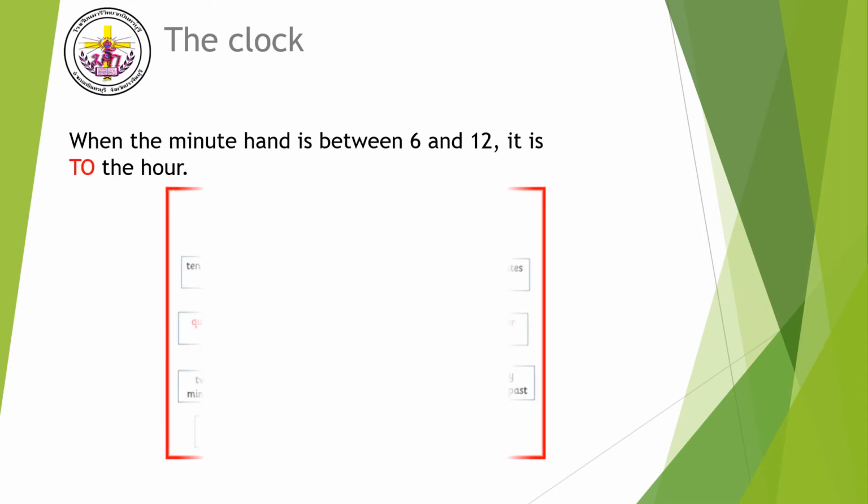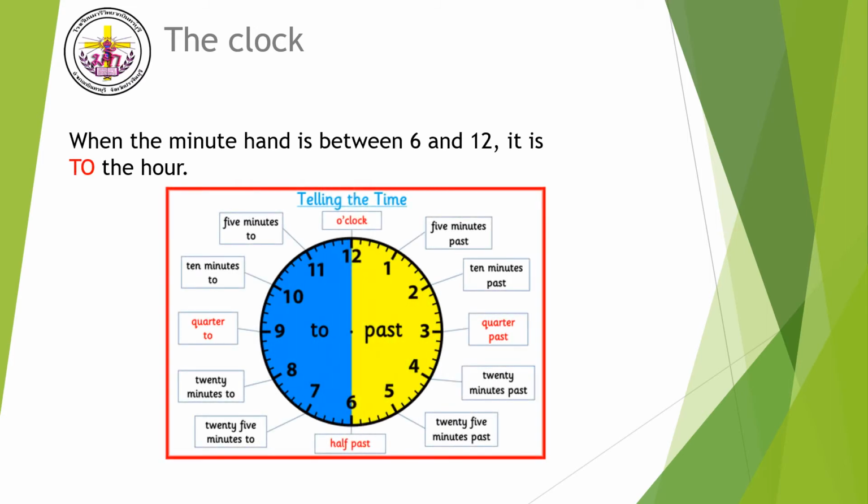When the minute hand is between 6 and 12, it is to the hour. For example, it's 20 minutes to 9, or it's 20 to 9.